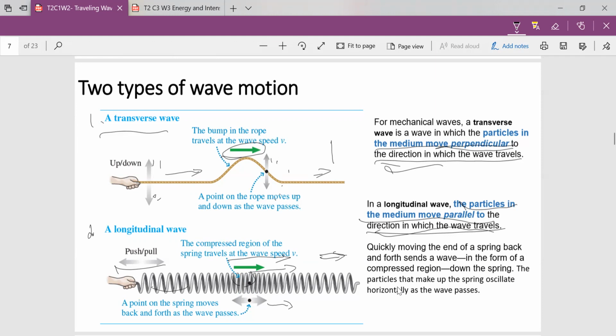We'll call these the compressed areas and the spaced-out areas, which shows us that the particles of that spring are moving in the same direction as the wave motion, and these directions are parallel to each other.